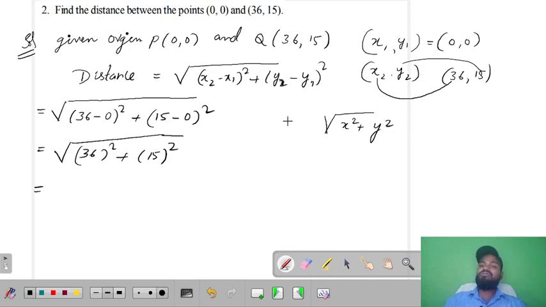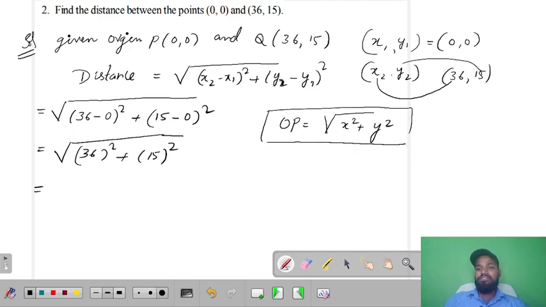This is your OP distance. So this is a simple formula. When you are finding the distance from the origin, you don't need to use the full formula. Directly use under root x square plus y square as the solution.